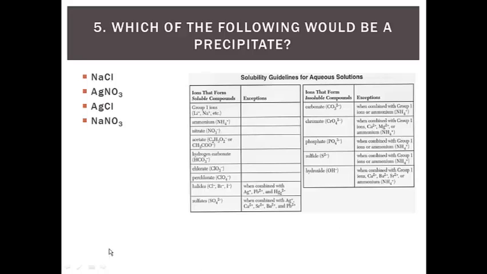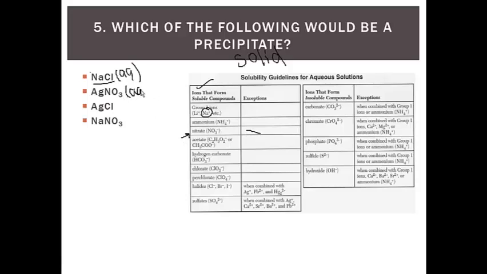Which of the following would be a precipitate? So precipitate is just another word that means solid. So NaCl is always soluble. So that will always be aqueous. AgNO3. Nitrates are always soluble no matter what.